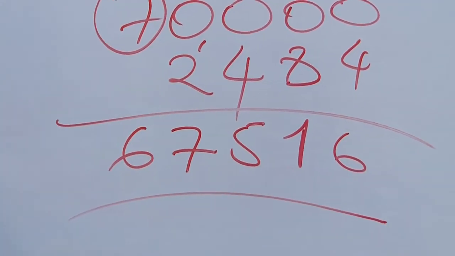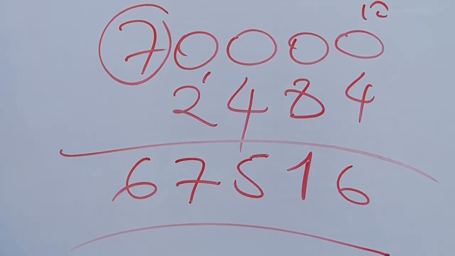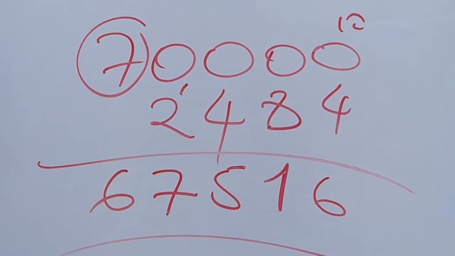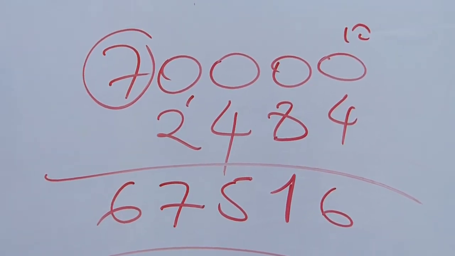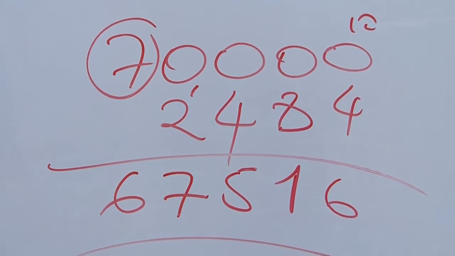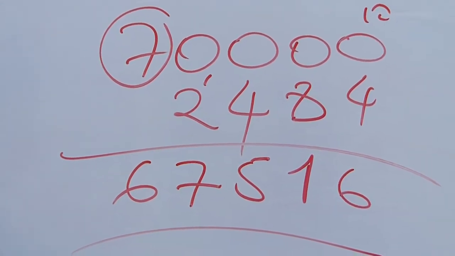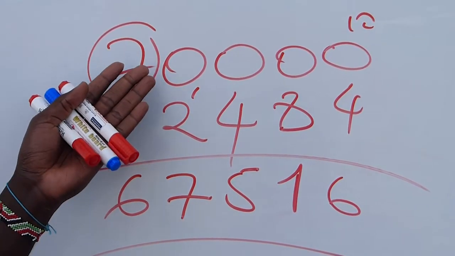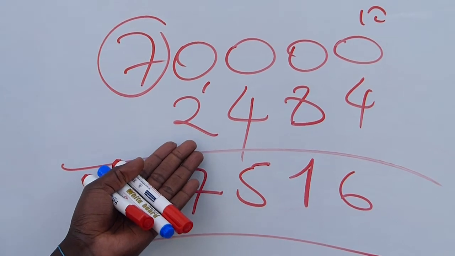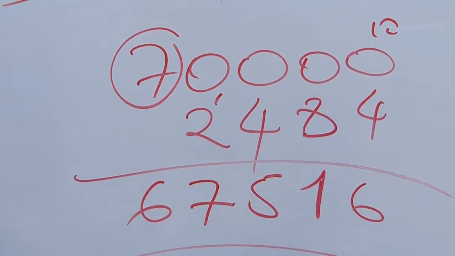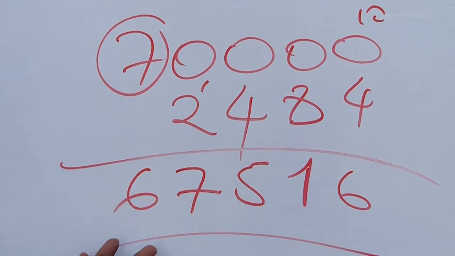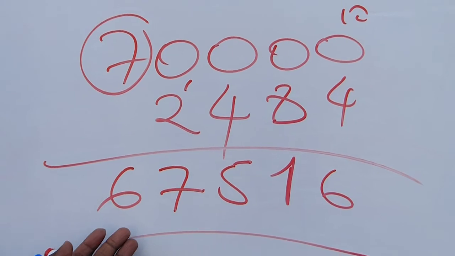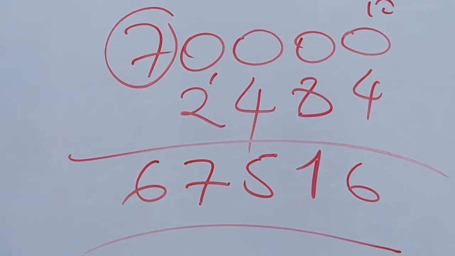And this is something that you can use for yourself, because you go shopping. Sometimes you have a whole number, like 1,000 Kenya shillings, or 100,000, and you go somewhere and buy something, and the funny thing is, you start taking your calculator to do basic subtraction. Let's say you have 70,000 and you've purchased something worth 2,484, and instead of doing this from your mental perspective, you start using a calculator, and you're wasting time.